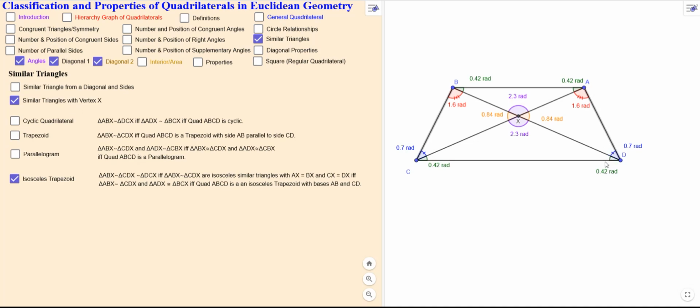Okay, and you're given that the big angle, blue plus green here, the big angle DADC is congruent to angle BCD. And so that turns out to be enough to get all the corresponding angles congruent, and also makes these two triangles here isosceles.